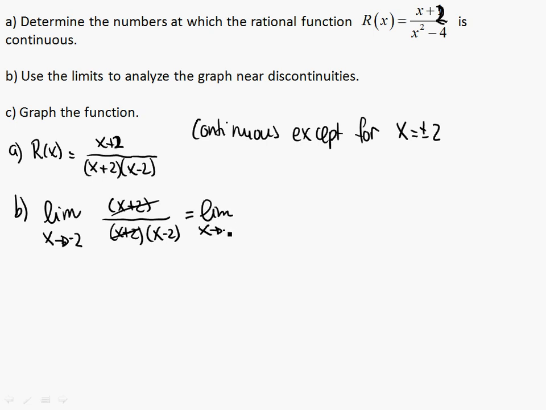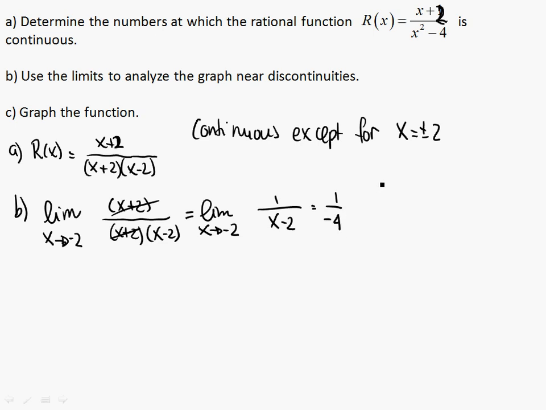We had a hole. And the value here would be? What is the limit as x approaches negative 2 for 1 over x minus 2?